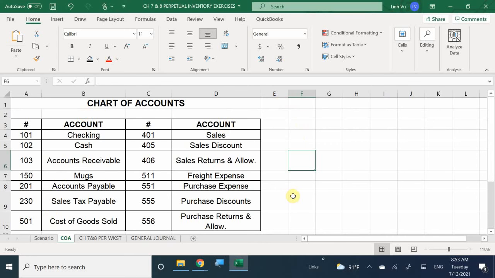What accounts should I be using? Sales. Sales, good. What else? We have sales tax also, right? You could include it. Yeah, sales tax and cost of goods sold, I guess. Okay, good. What else do we need?